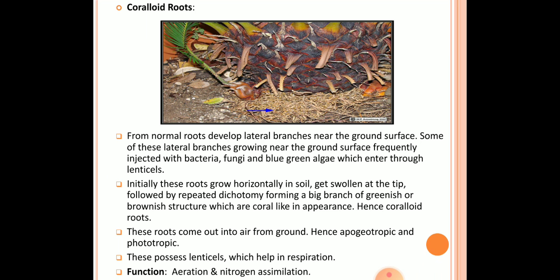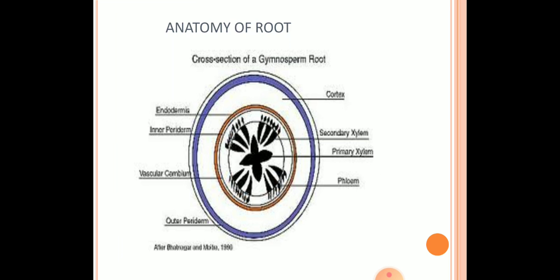Initially these roots grow horizontally with a swollen tip, followed by dichotomous branching. The roots come up out of the ground, and hence they are apogeotropic in nature. They possess lenticels, which help in respiration and aeration, and they help in nitrogen fixation.